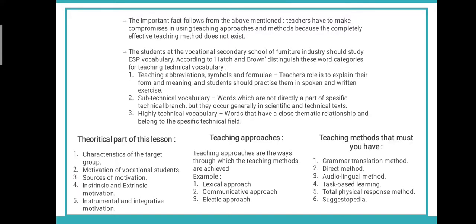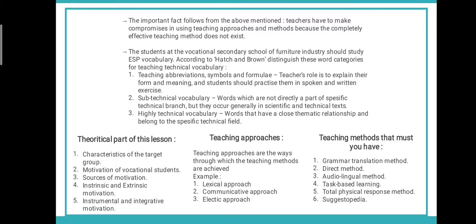The teacher's role is to explain their form and meaning, and students should practice them in spoken and written exercises. Number 2. Subtechnical vocabulary. Words which are not directly a part of a specific technical branch, but they occur generally in scientific and technical texts. Number 3.